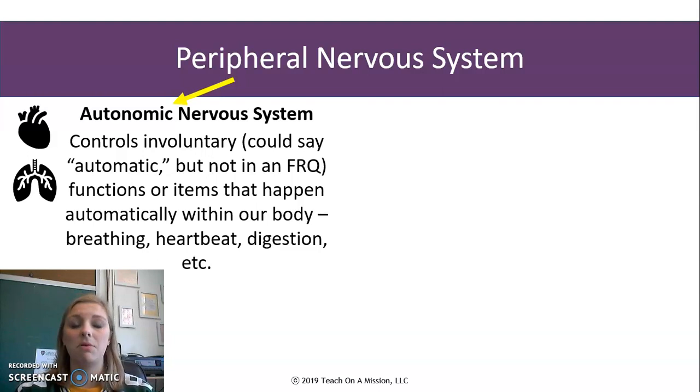Things that happen within our body we don't have to think about. Breathing, our heartbeat, our digestion, our bodily functions like peeing and pooping, right? Those things our body does without us having to think about it. That's our autonomic nervous system.